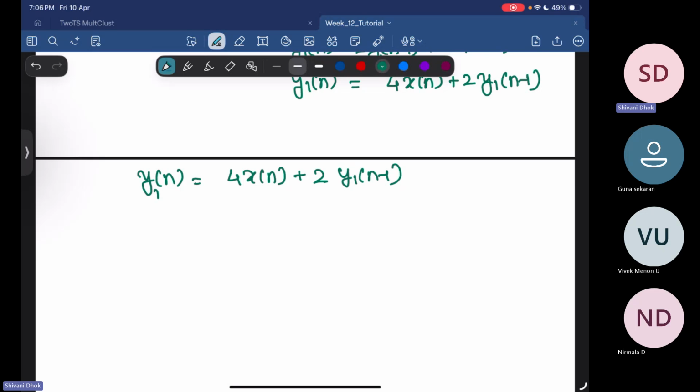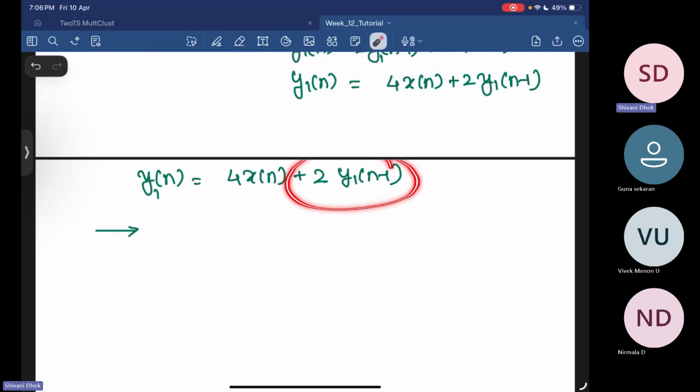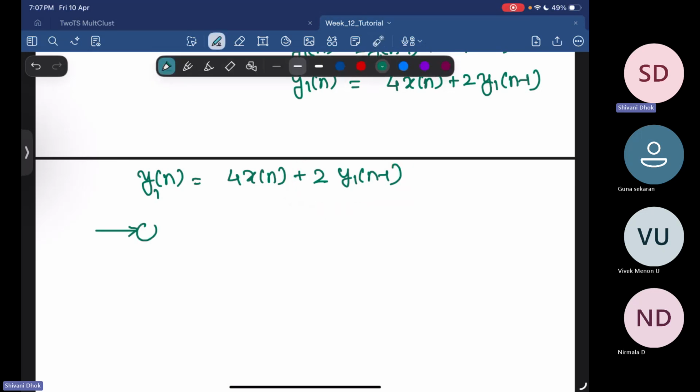So we'll do direct form 2 representation. So first we will construct this. You have a z inverse.